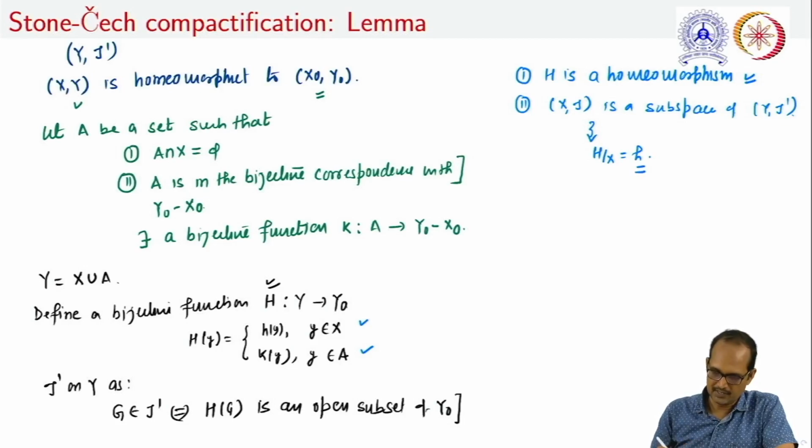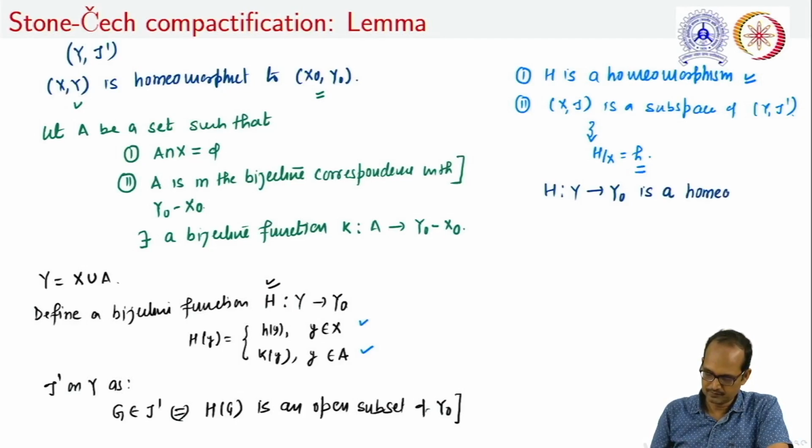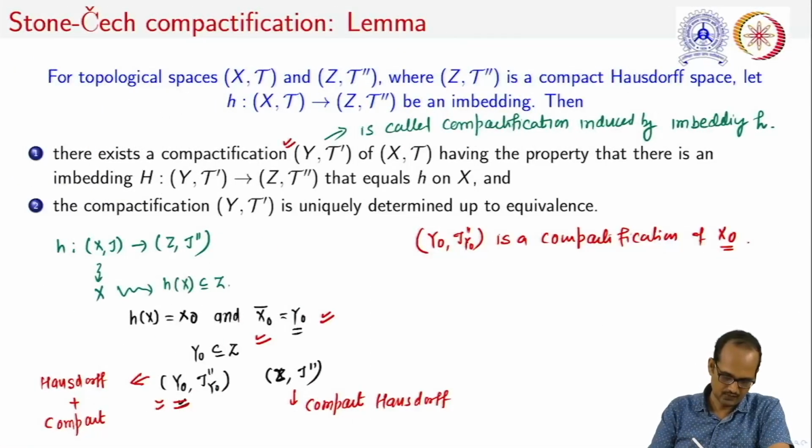Thus what we have in our hand is that H from Y to y naught is a homeomorphism, and if we expand it, we can conclude that H from Y with topology tau dash to this space Z is an embedding. That's the proof of the first part.